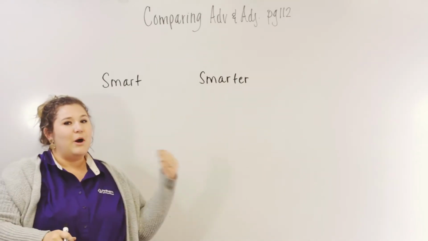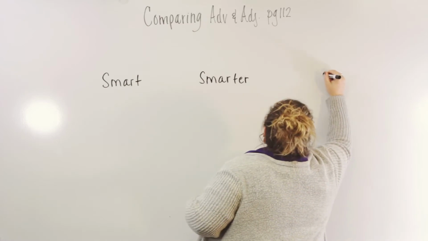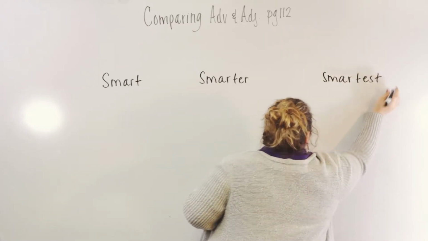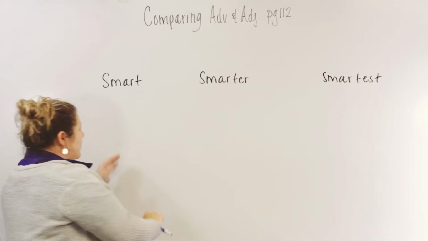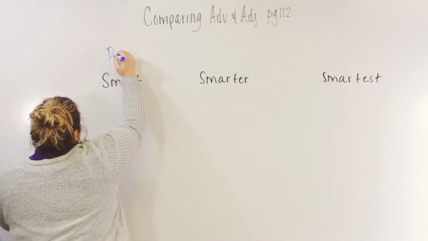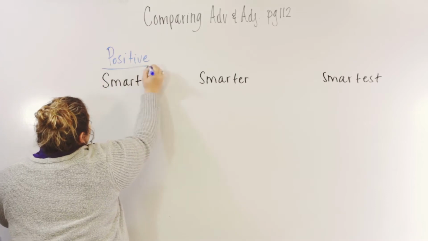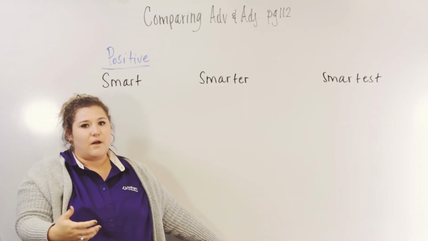But who's smarter than the smartest person? Okay, so 3 categories. Our first category, which is smart, that is our positive category. Okay, the original word that it comes from.